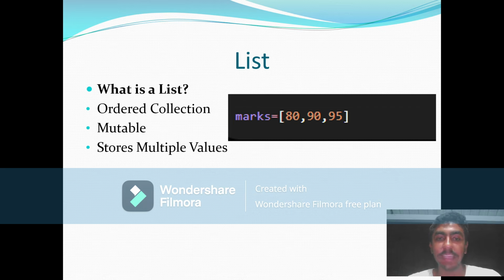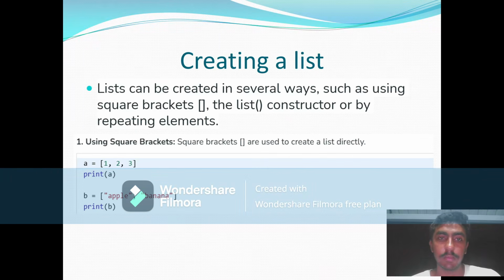Now, let's see how to create a list. The PPT says lists can be created using square brackets, the list constructor, or by repeating elements. The most common method is square brackets. Example, numbers equal to 10, 20, 30, 40, 50. Simple.